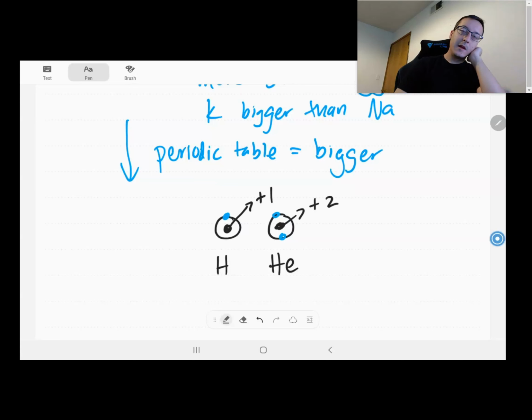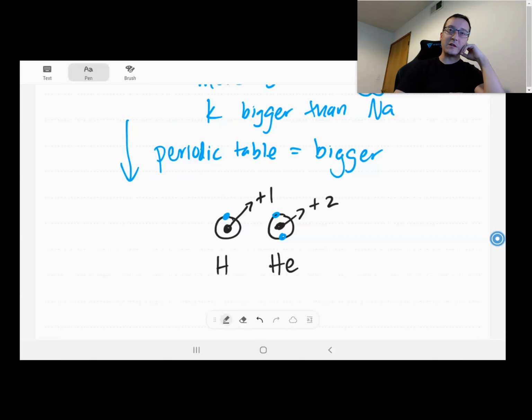So, if you are some little negatively charged dudes, or dudettes, my apologies, if you are an electron, which one are you going to be more attracted to? The positive 1 or the positive 2? Yeah, right. So electrons are going to be more attracted to number 2.